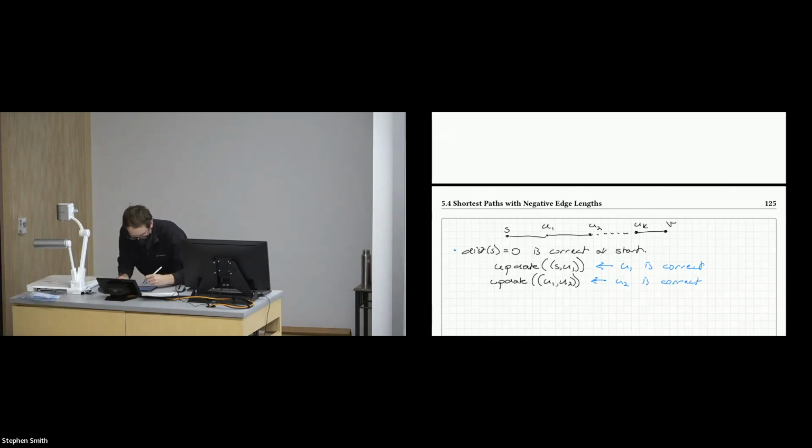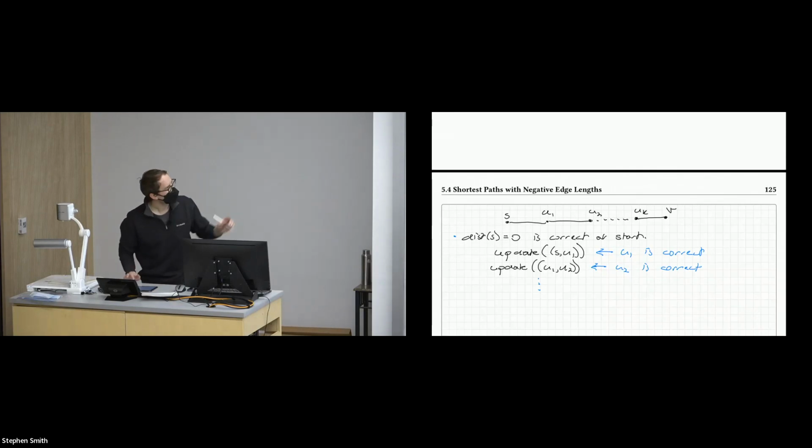And if I keep going, if I get this sequence of updates, so first I updated SU1, then I updated U1, U2, then U2, U3, and so on, all the way up to finally updating UKV, then dist V would have to be set correctly. Update UKV and V is set correctly.